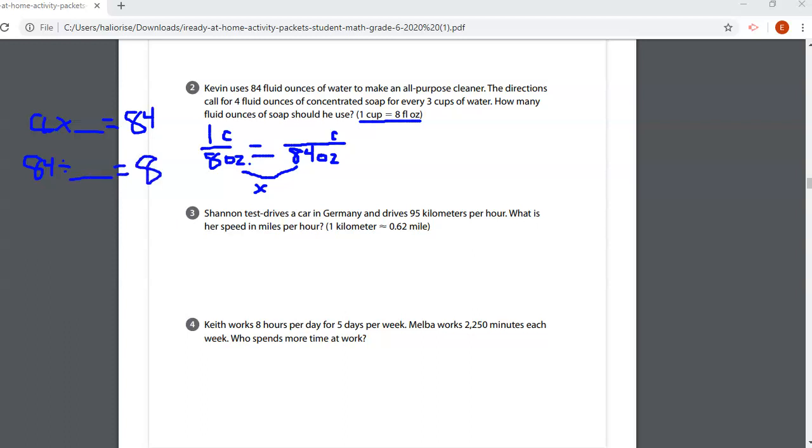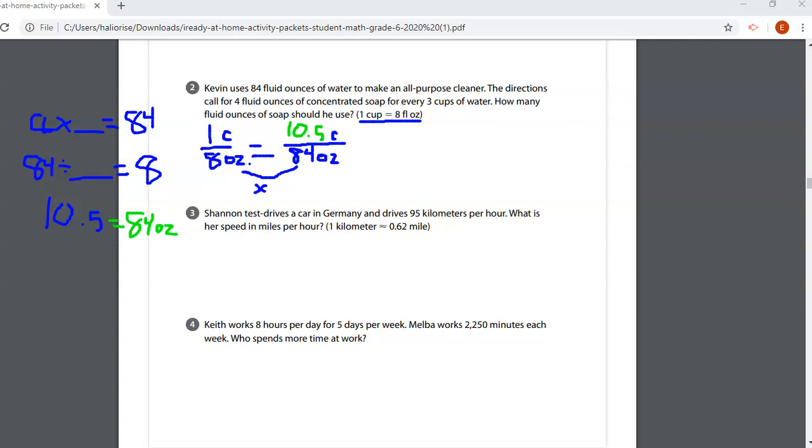And when you do 84 divided by 8, you are going to get 10 and a half. So, ten and a half cups is equal to 84 fluid ounces. Okay, so that's what this got us.